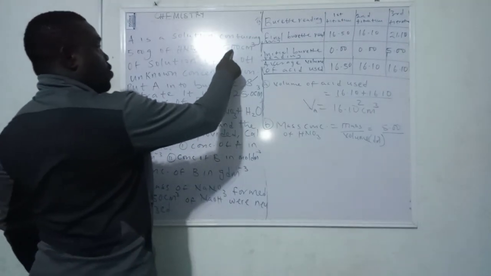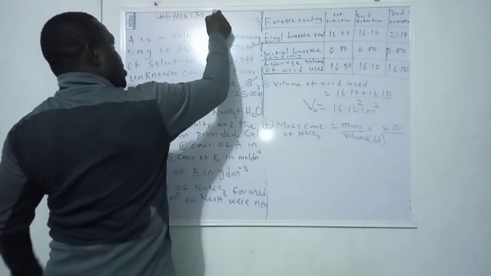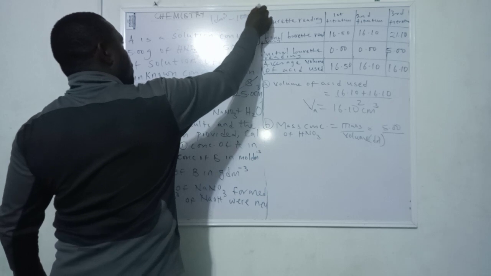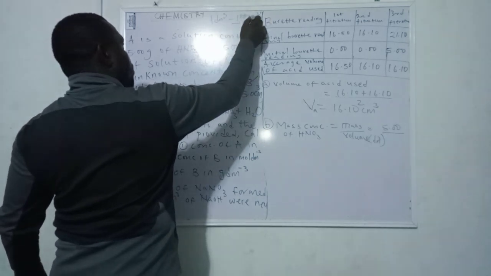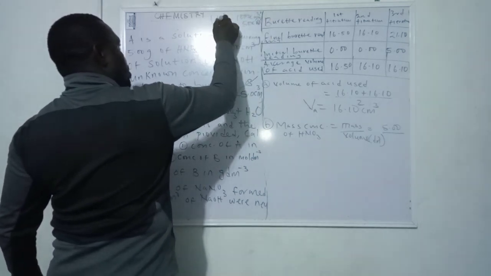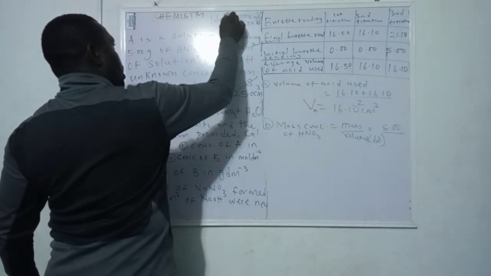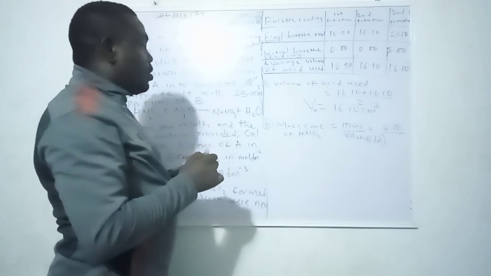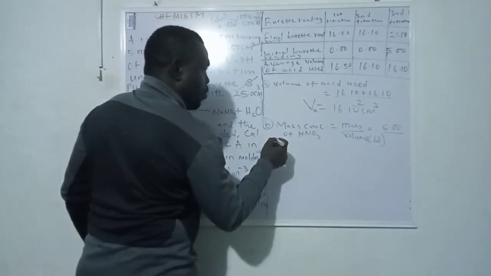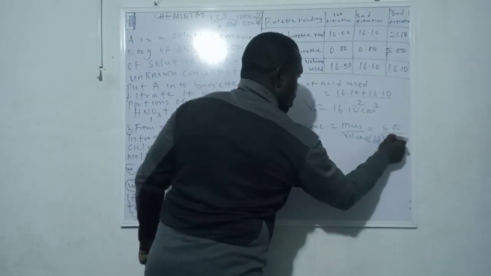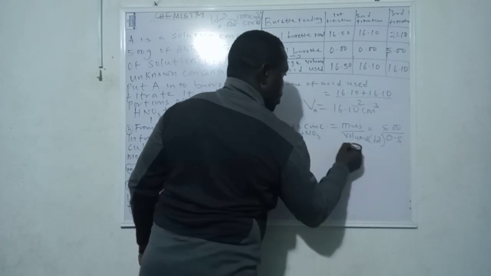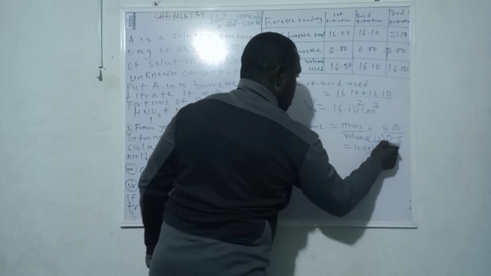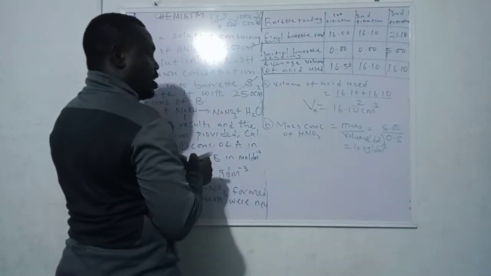Since 1 dm³ is 1000 cm³, obviously 500 cm³ will be 0.5 dm³. Are you following now? So we have 5.00 over 0.5 dm³, and that will be 10.0 gram per dm³.